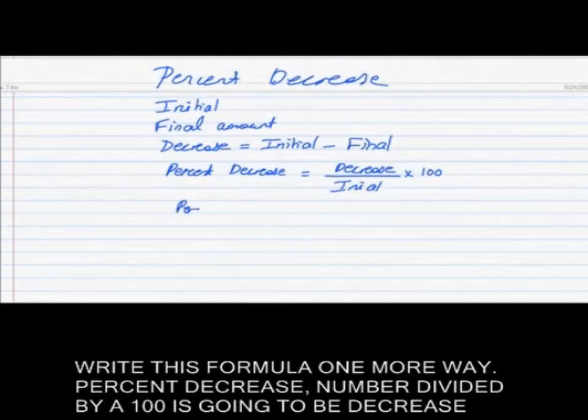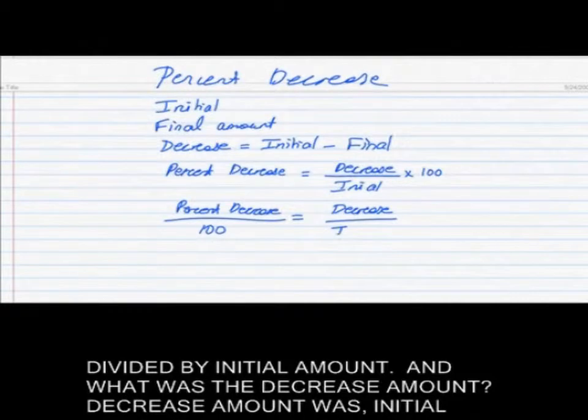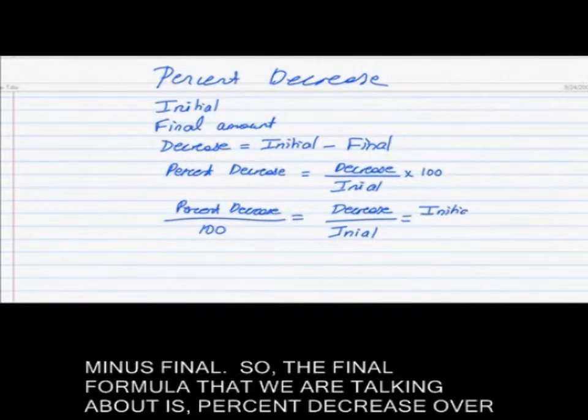Percent decrease number divided by 100 is going to be decrease divided by initial amount. And what was the decrease amount? Decrease amount was initial minus final.